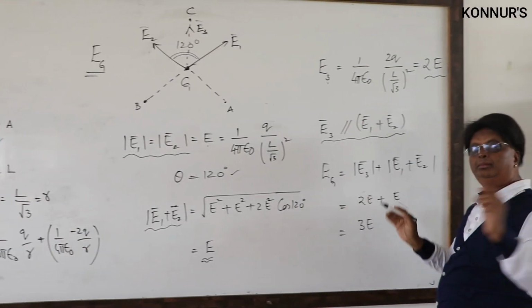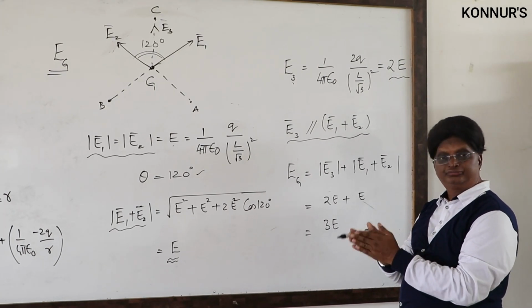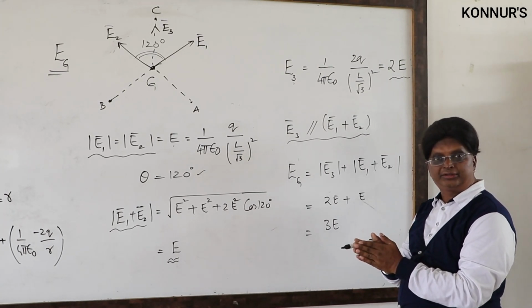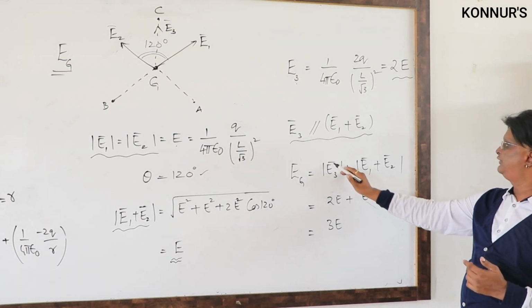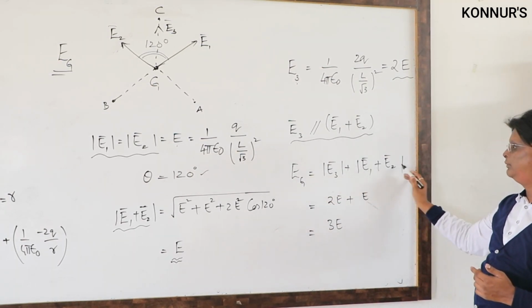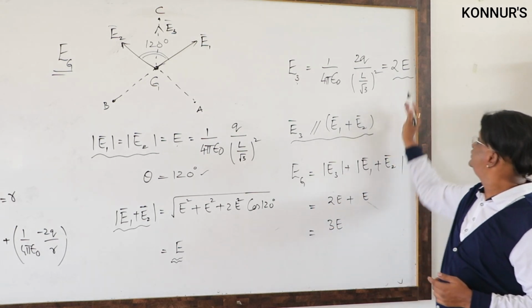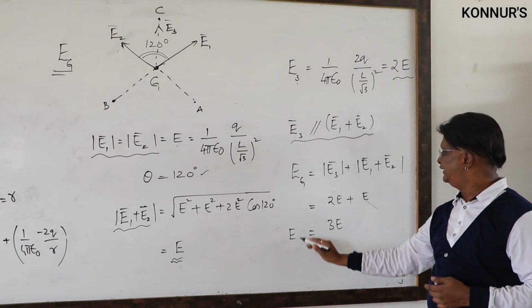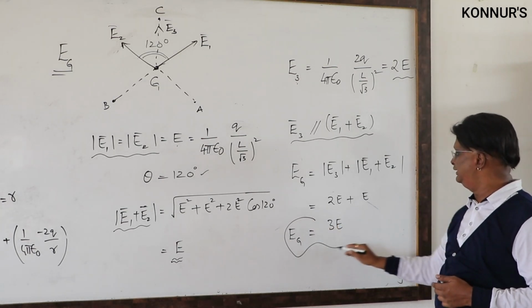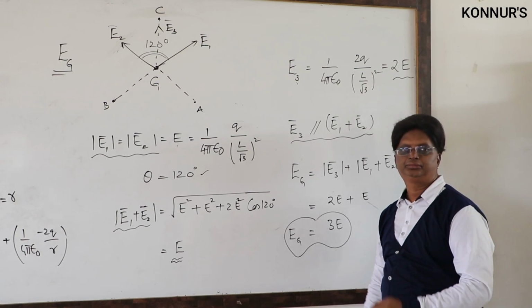Parallel vectors are always added; for anti-parallel vectors you will use the minus sign. Therefore here EG is mod E3 bar plus mod of E1 bar plus E2 bar. So this is 2E and this is E. So the final answer: the net intensity at the centroid is 3E.